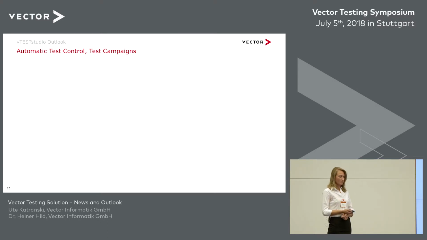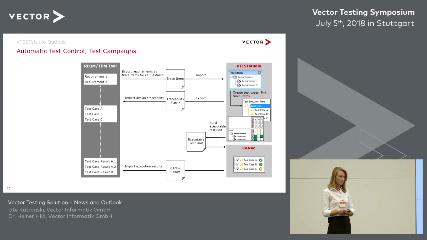We dwell upon and stick to traceability, automatic test control and test campaigns. What is hiding behind that? We've already seen this picture in a similar way. Somebody did some stealing there. Most of you will know that. We can already do that today. For the bigger TDM systems, it's a standard.